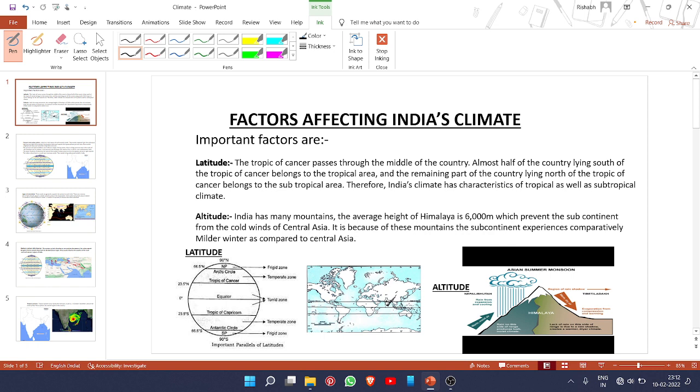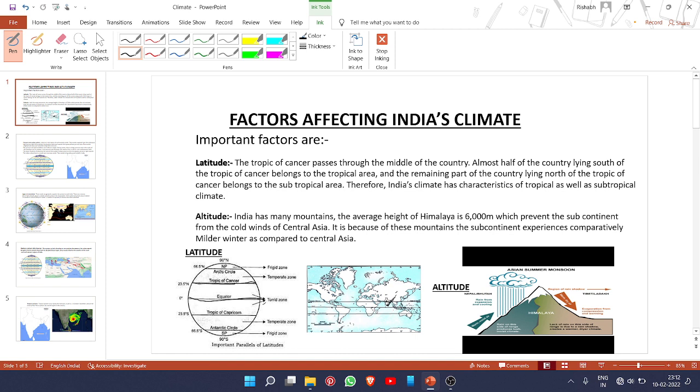So, to remember this, tropical below the Tropic of Cancer, you can see in this diagram, this is the Tropic of Cancer. Between the equator and the Tropic of Cancer, it is the torrid zone. This is also known as the tropical zone. Similarly, between 23.5 degrees, meaning the Tropic of Cancer, to the Arctic Circle, this zone is known as the temperate zone, and the temperate zone is also known as the subtropical zone.